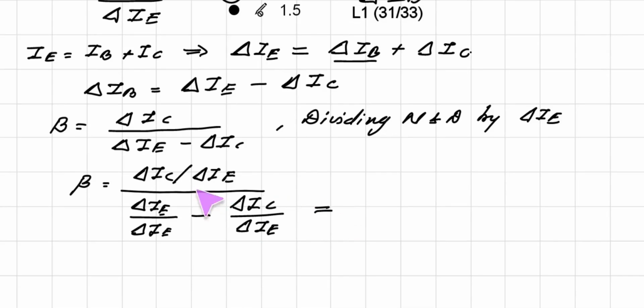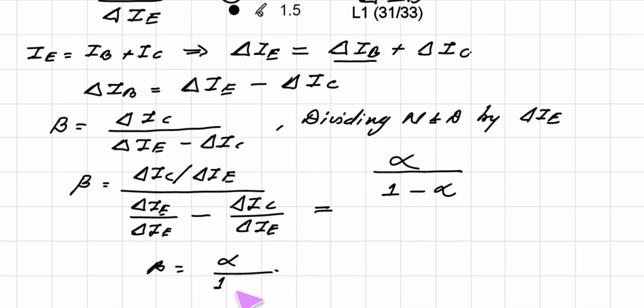We know that delta IC upon delta IE is alpha. So beta is equal to alpha upon 1 minus alpha. This is the relation between alpha and beta: beta is equal to alpha divided by 1 minus alpha.